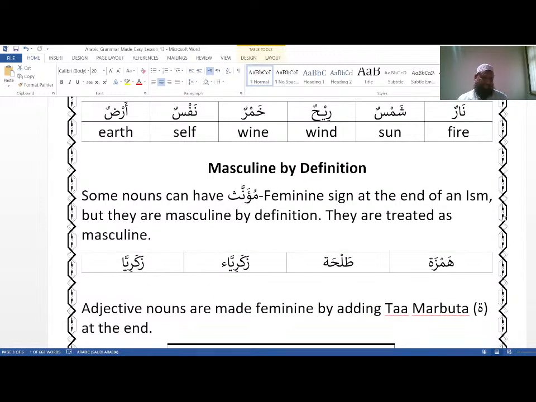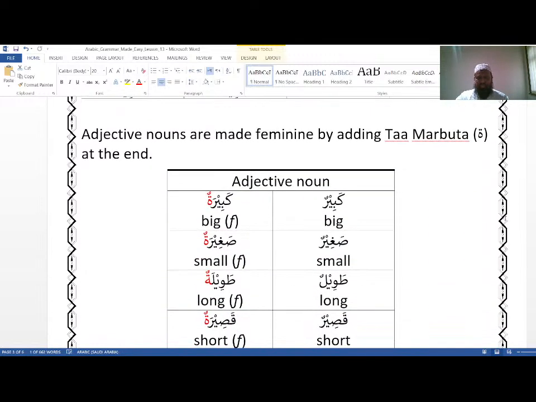Okay, adjectives or adjective nouns are made feminine by adding ta marbuta. So when we learn adjective nouns, obviously we learn masculine first. Because an adjective can also be used as feminine, we need to make that into feminine by adding ta marbuta at the end. These are the examples.